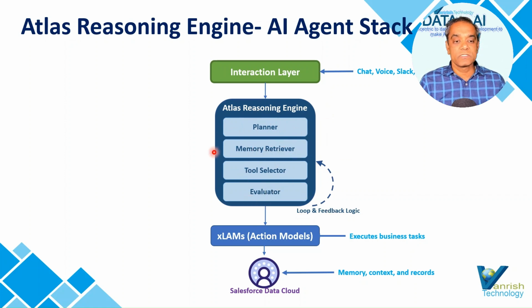And once this execution is done, then a business task is getting done by the action model, and then that information goes to the Salesforce Data Cloud, where the memory context record resides. So user input, intent detection, planning phase, memory retrieval, tool selection, execution, evaluation, these are the things that happen within this whole flow.